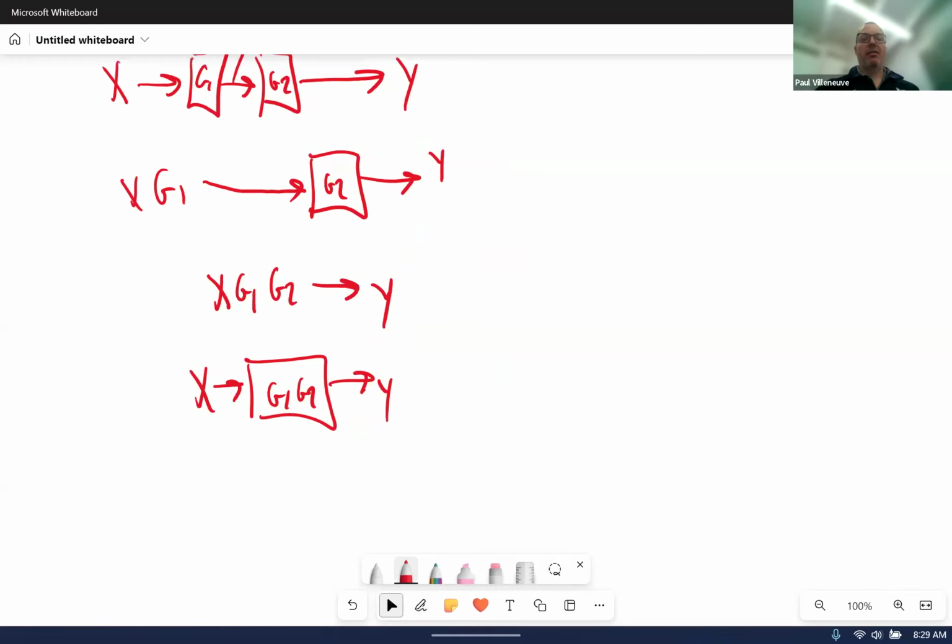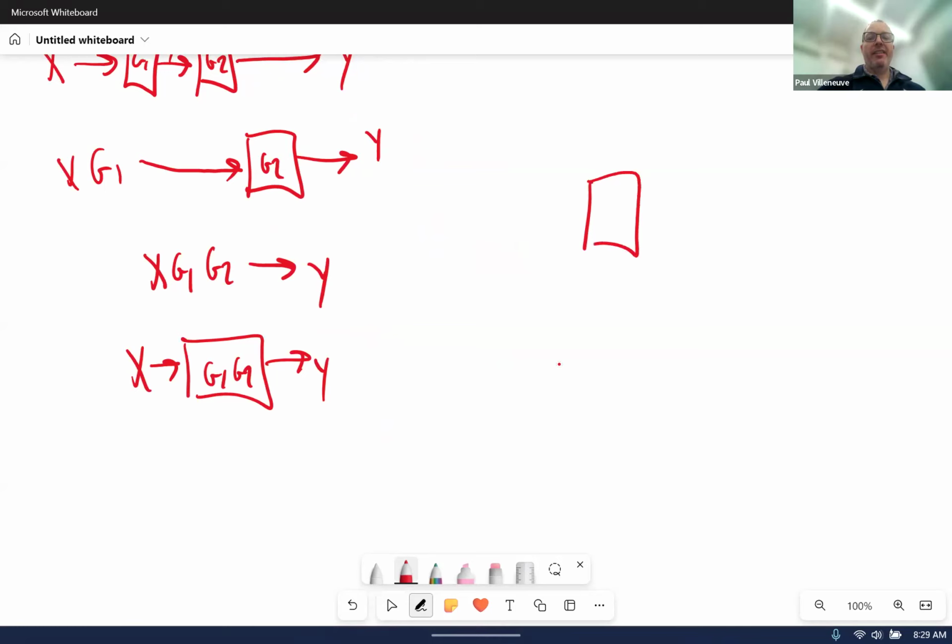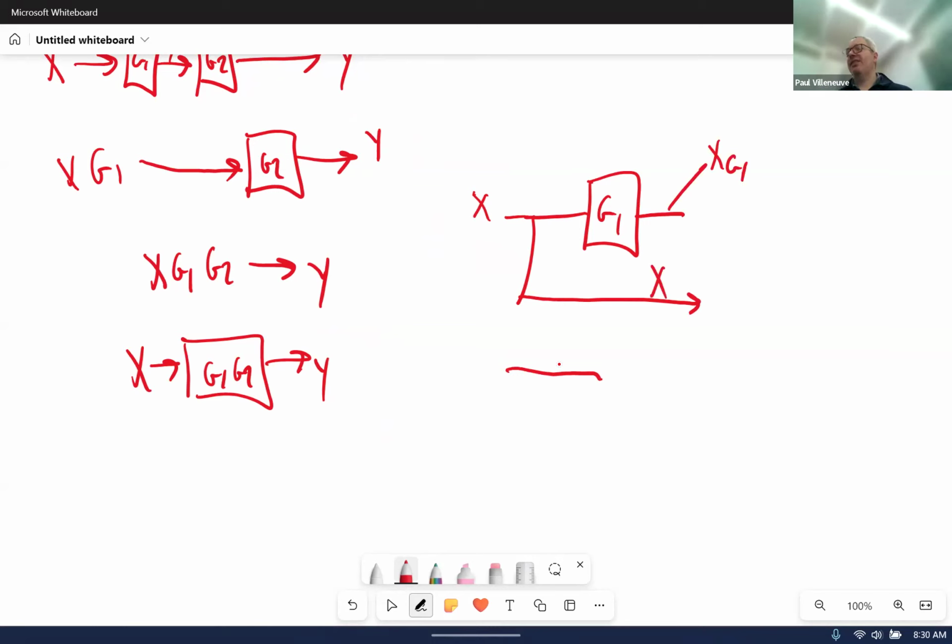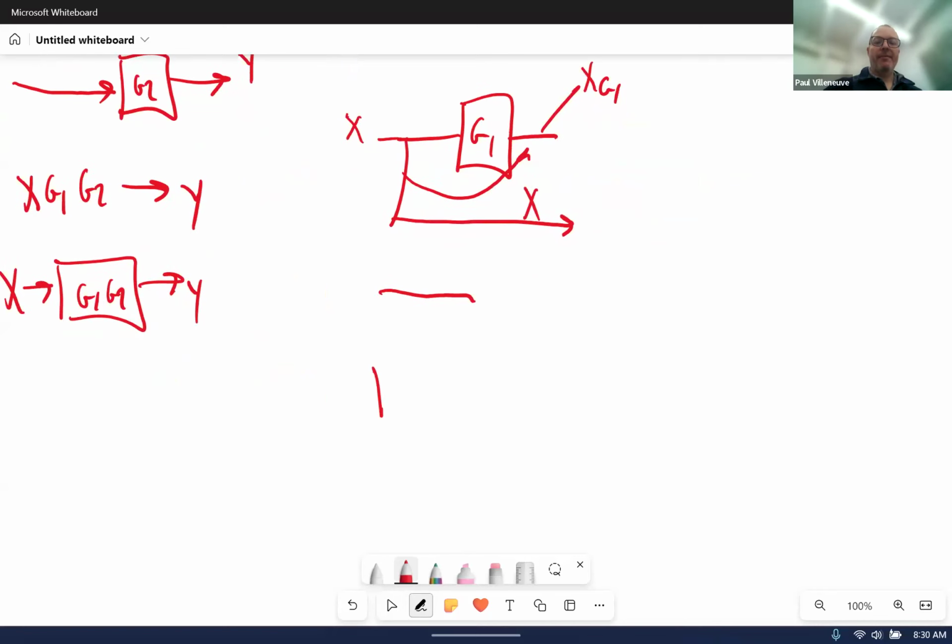Same thing with a summer or moving a pickoff point. If you have G1 over here, and I have X going in, and I want to move the pickoff point over here, this is XG1, and this is just X. If I want to move my pickoff point to this location, here's G1.